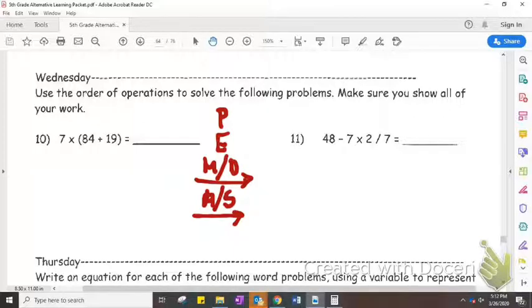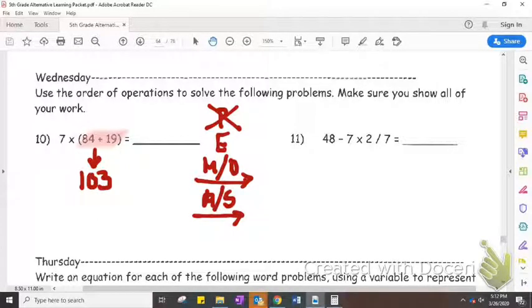Okay, so for number 10, it says 7 times the quantity of 84 plus 19. The first thing I see is what's in parentheses, so I'm going to highlight that. 84 plus 19 is 103. I can cross out parentheses now because there's no more.